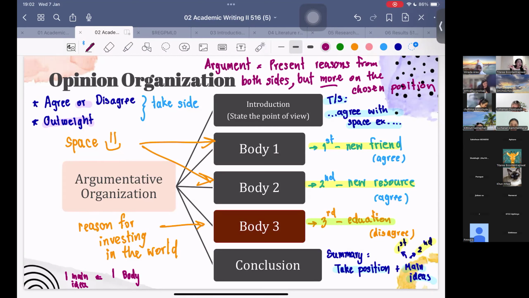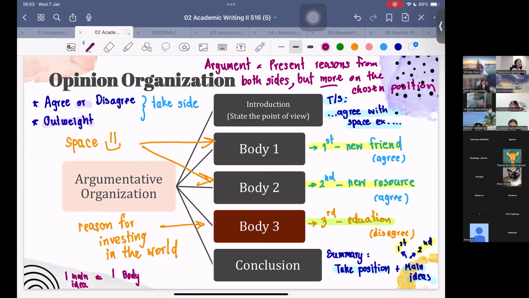That's why, as you can see, I provide 2 reasons why we should do space exploration. So body paragraph 1, the reason for going to space. Body paragraph 2, the second reason for going to space. So 2 reasons, more reasons from the chosen side, but I need to present both.